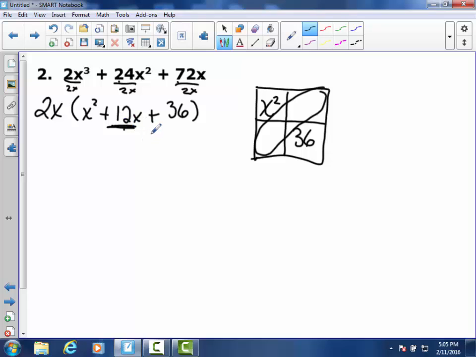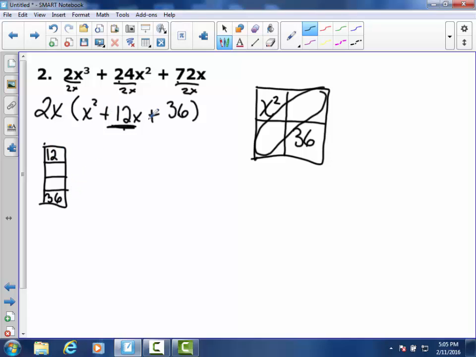Okay. So what we want to look for, and we did this a little bit, is our tower, where we were adding up and multiplying down. What we multiplied was the 36, because something times something here gave us that 36. So we multiplied to get 36, and we added to get 12.